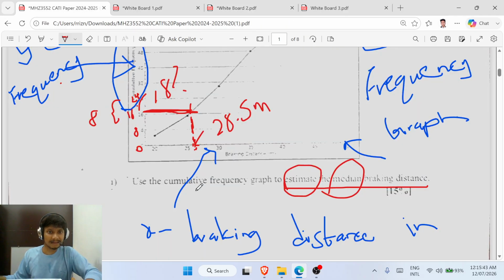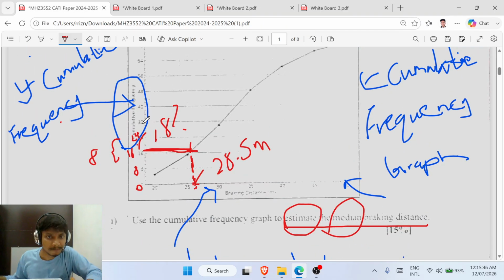How to find the 36th value? Here this is 32, and this is 40.